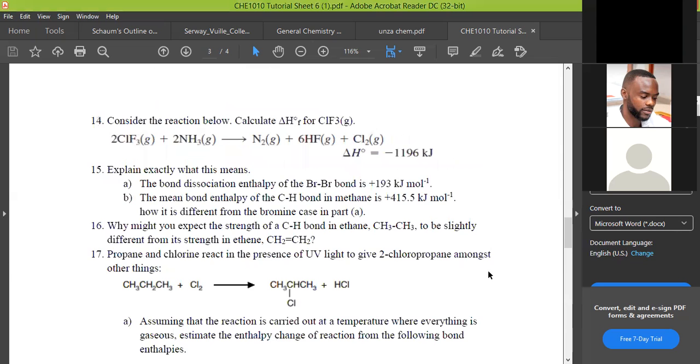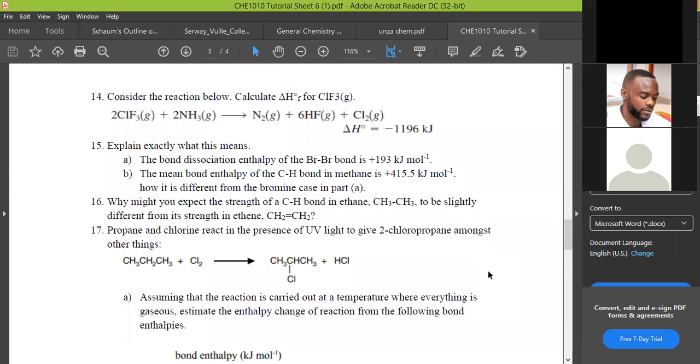Okay, sir. All right. And then consider the following reaction, that is 14. Below, calculate the standard enthalpy of formation of the chlorofluoride there. They want you to find the standard enthalpy, meaning the formation of 1.